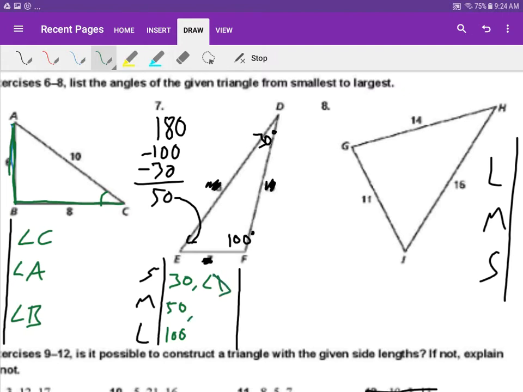I wasn't clear. 50 is E, and then 100 is F. So D is across from EF. E is across from DF. And then F is across from ED.